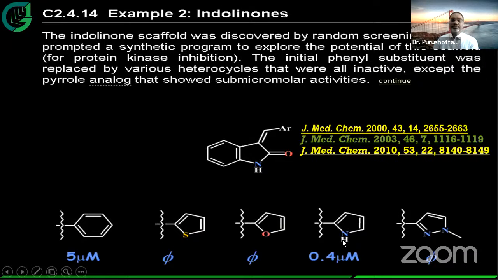Okay. Now you can study why the pyrrole was active and showed 0.4 micromolar activity, because the hydrogen atom present on the pyrrole ring is going to hold the molecule in the correct configuration. So this is how you need to monitor your modification.